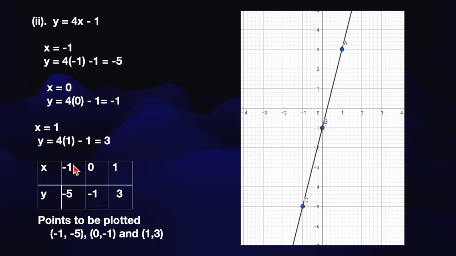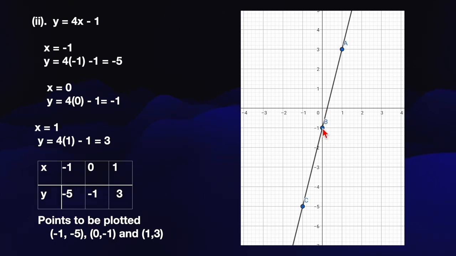Let's plot -1, -5. Here in the graph paper, do the x-axis, y-axis. Here is -1 and this is -5 on the y-axis. So here is the point. This is -1, -5. Then 0, -1: the x coordinate is 0 and the y coordinate is -1.